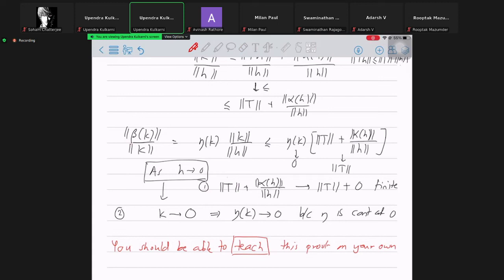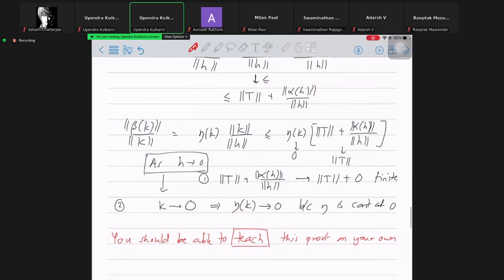Just like the proof that all the norms on a finite dimensional vector space are equivalent, that used a number of ideas together in a nice way. Similarly, this proof uses several ideas. So you should be able to teach this proof on your own, in two ways, both top down and bottom up.